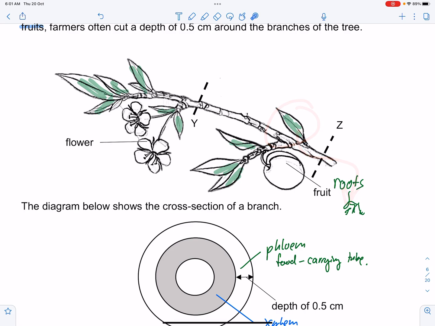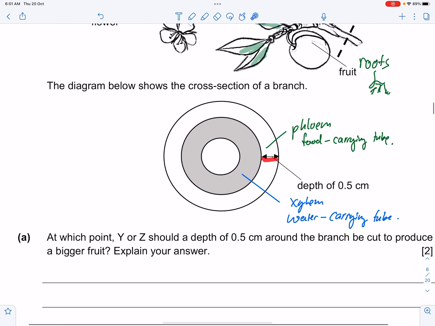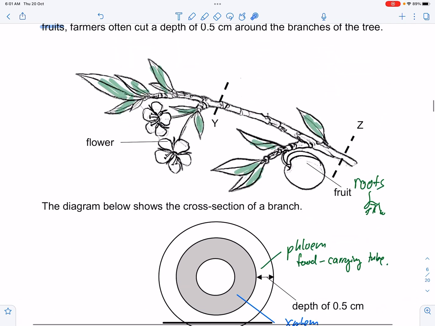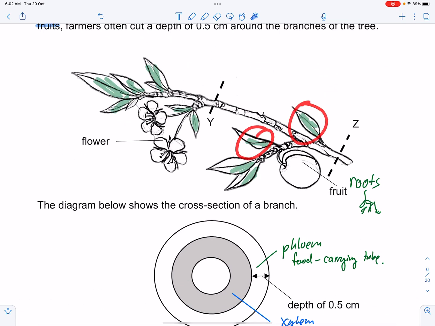If not, they will die. So you have to tell me that the reason is because this part, which is your food carrying tube, has been removed or cut. Because of that, food produced by your leaves cannot go past point Z towards your roots.